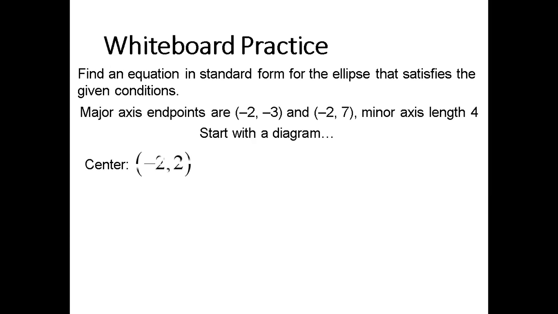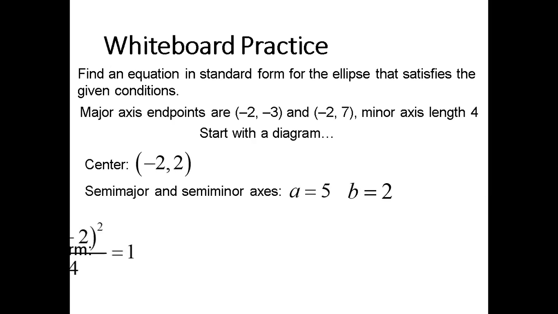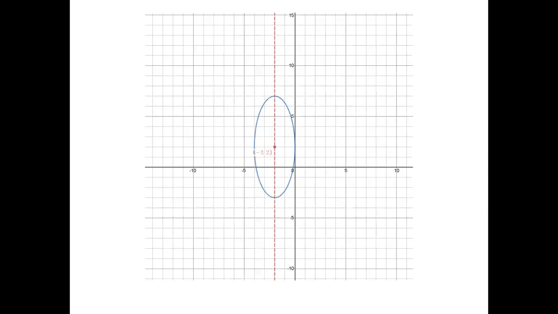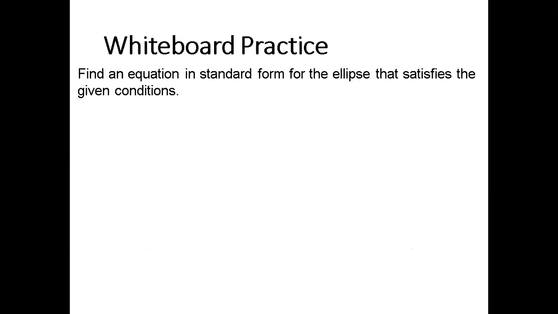For the center, it's negative 2, 2. For the semi-major and semi-minor axis, or the value of A and B, A is 5, B is 2. And for the standard form, you get (y minus 2) quantity squared over 25 plus (x plus 2) quantity squared over 4 is equal to 1. And this is the graph.